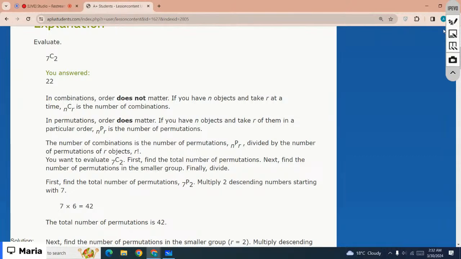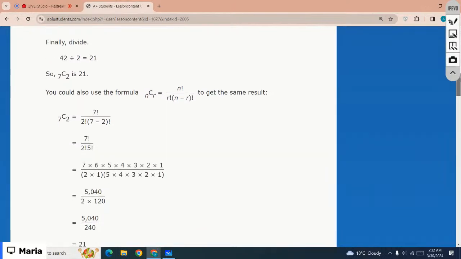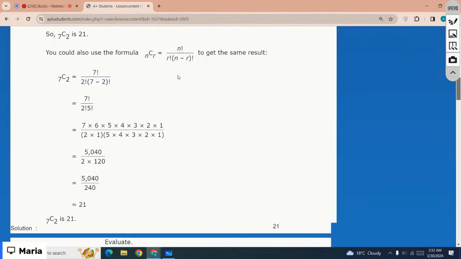So you have 7C2 combinations and 7P2 permutations, right? Here is the formula you can use for the combinations, that is n factorial divided by r factorial times n minus r factorial, right? n is 7 and r is 2.